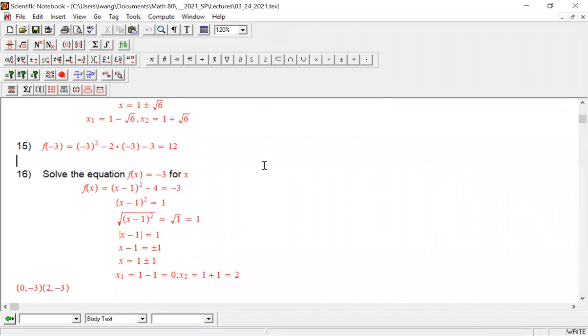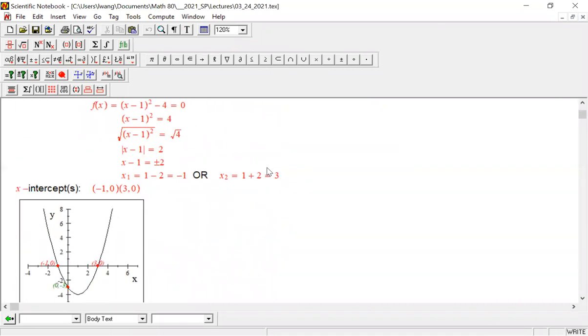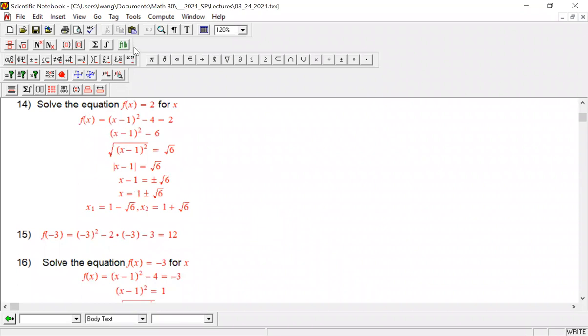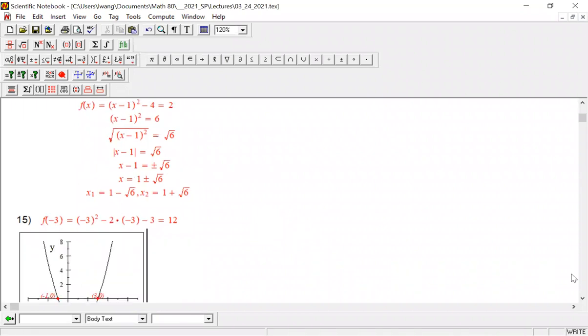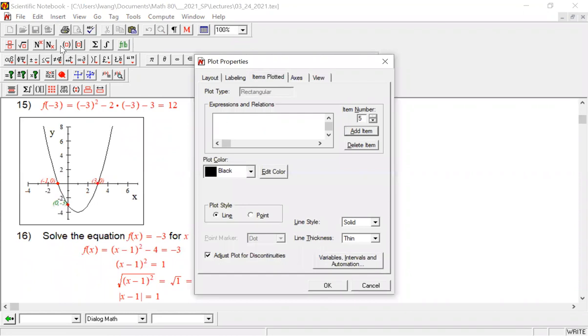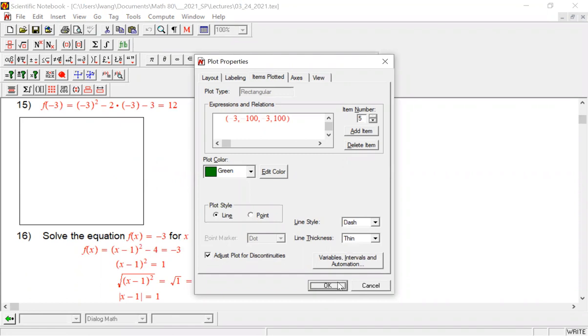f of -3, okay, so I'm gonna find a picture. Let me go ahead and use this picture. Okay, f of -3, that's a vertical cut to the curve.